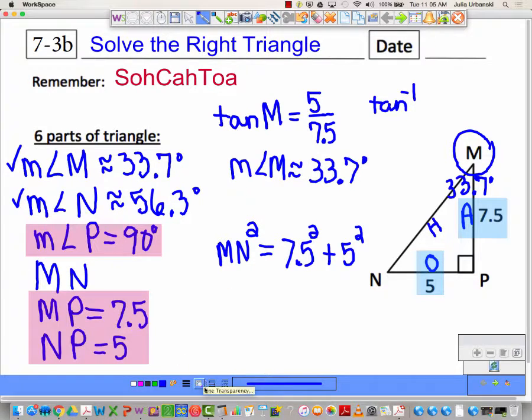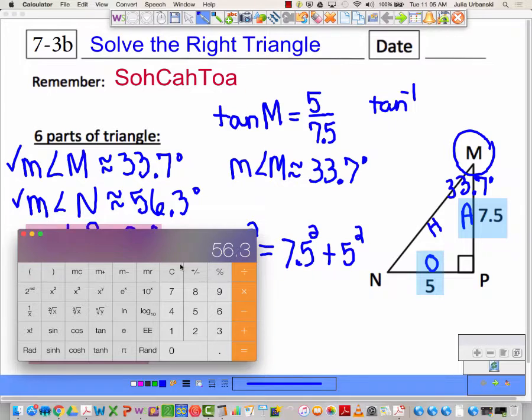All right, shortcut in your calculator. Start with 7.5 squared. Now, will I hit the plus sign or the minus sign? Plus 25, that's 5 squared.